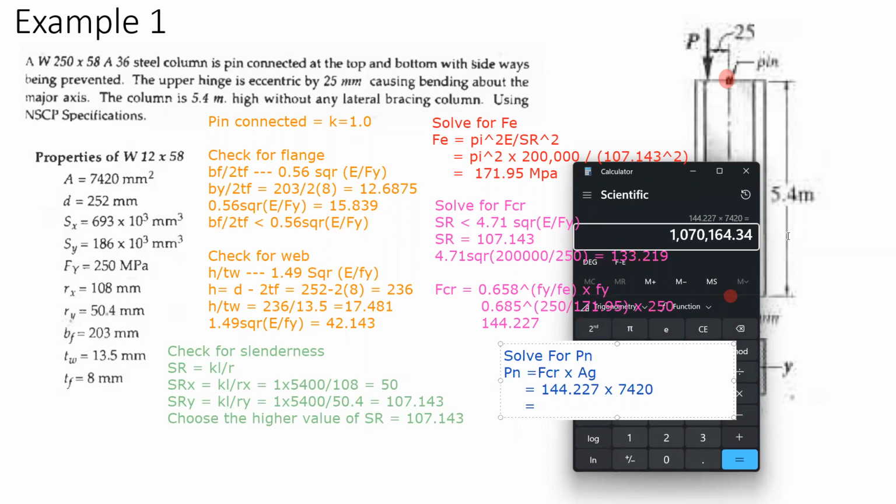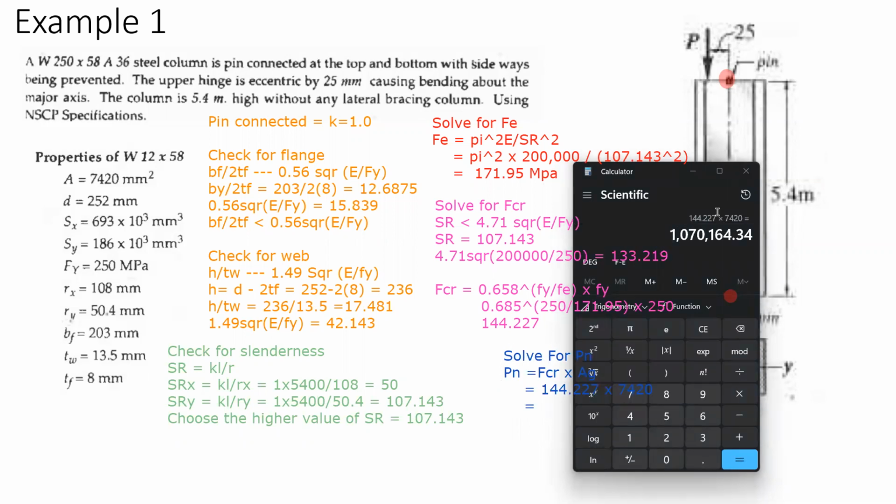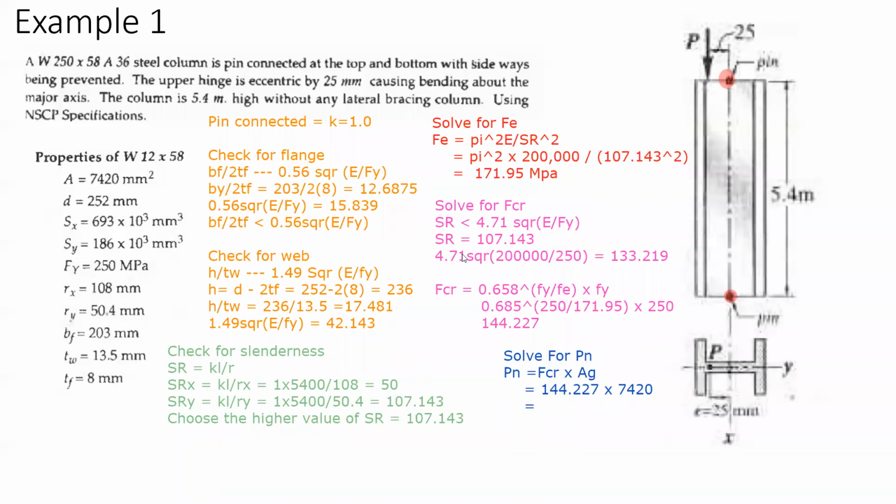You have 1,070,160.34 newtons. And let us convert that, then we have simply 1,070.16 kilo Newton.